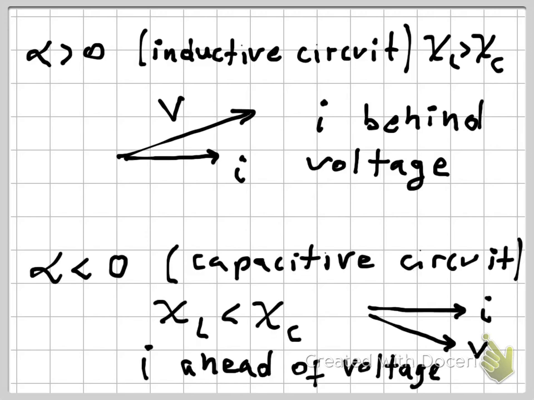Then the angle alpha can be negative. We call this a capacitive circuit, and that can happen if the inductive reactance is less than the capacitive reactance. In that case, a negative alpha means that the current is ahead of the voltage. That reminds us of the behavior of a capacitor, where the current is ahead of the voltage. So we call this kind of situation a capacitive circuit.